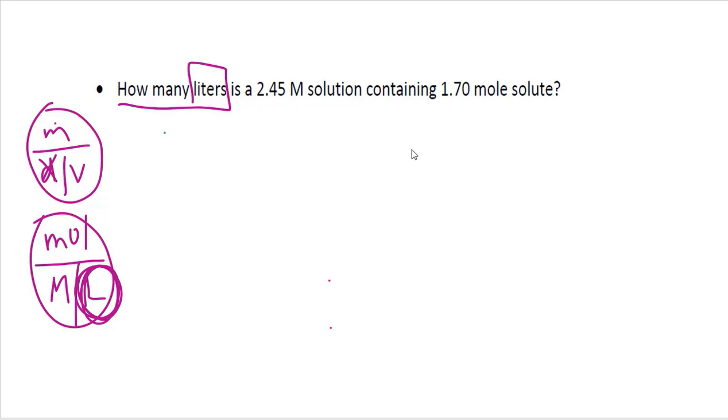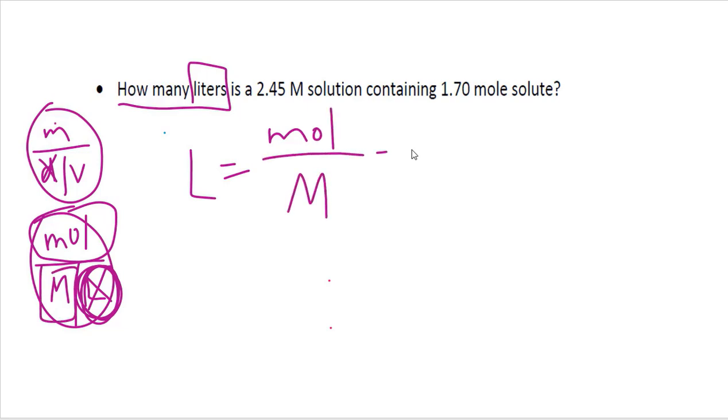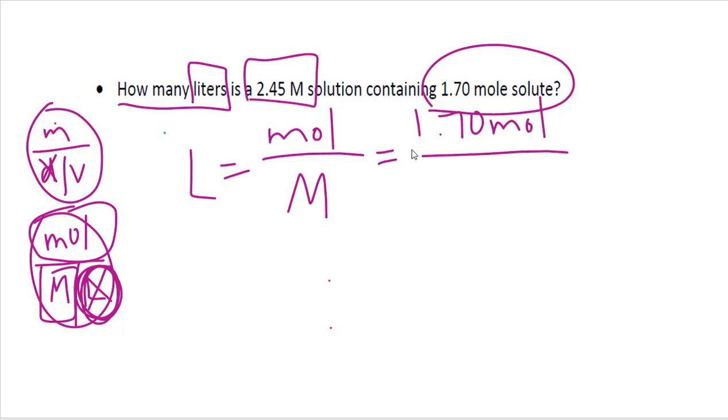So we could rearrange the equation just by looking at this and saying, okay, if I cover up this L, if I cross that off, I would say L equals moles divided by capital M, which is molarity. And then I can look at this equation and go, oh, okay, there's my moles, 1.70 moles divided by, there's my molarity, 2.45 M. So either one of those work, you should get the same answer.